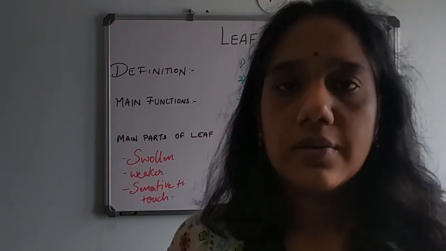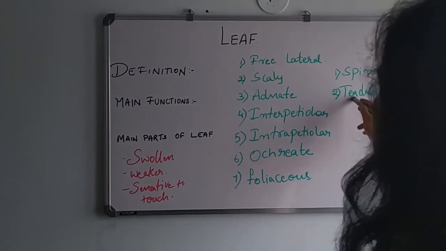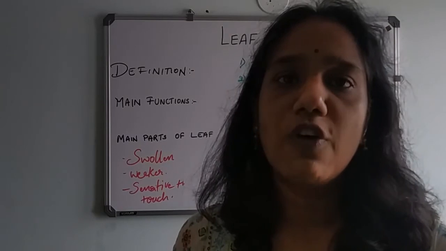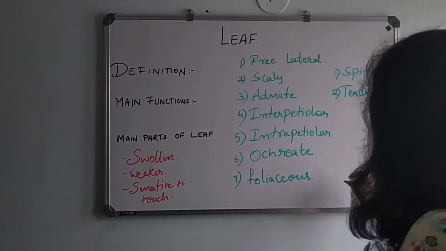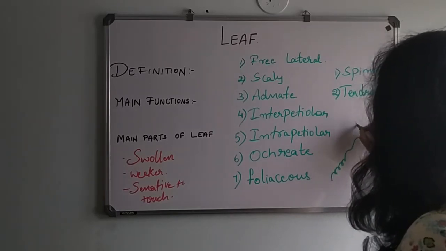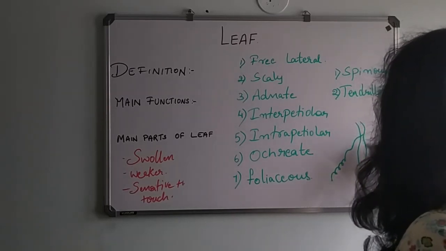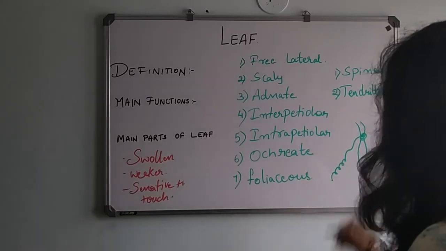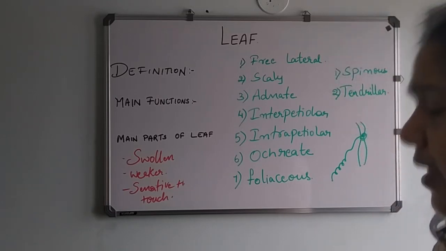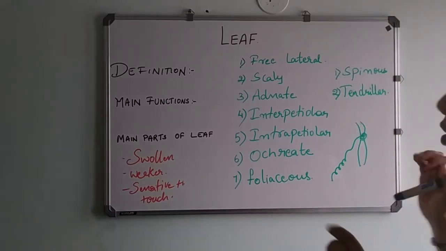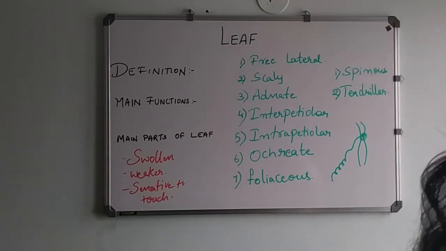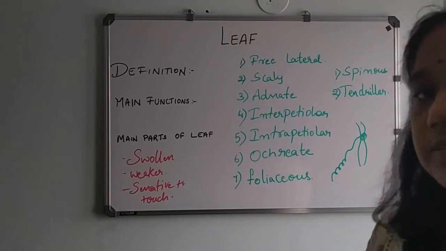And tendrilar ones are where the stipules become a form of tendrils. They become like a spring and help in attachment to other regions for climbing. Example of spinous is Ziziphus, acacia. For tendril, an example is smilax.